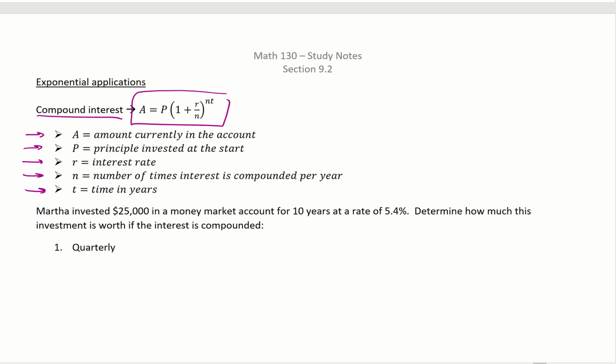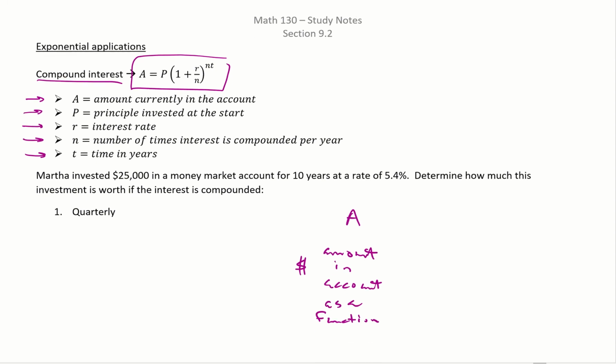So what it's saying is A is the amount in the account. Now we're talking about money, right? So how much is in the account as a function of time? And that's written up here, amount currently in the account.